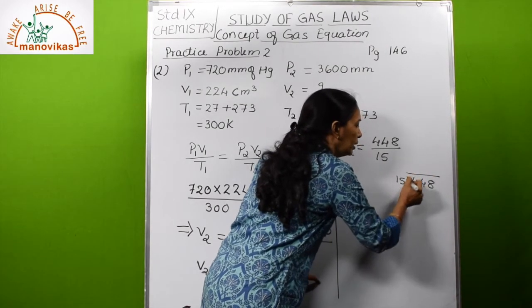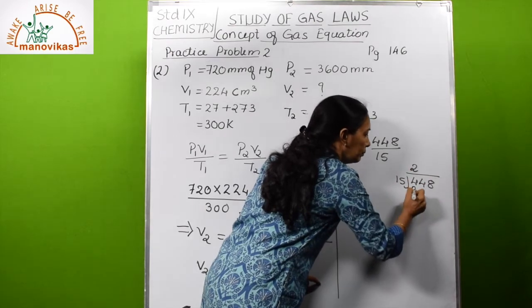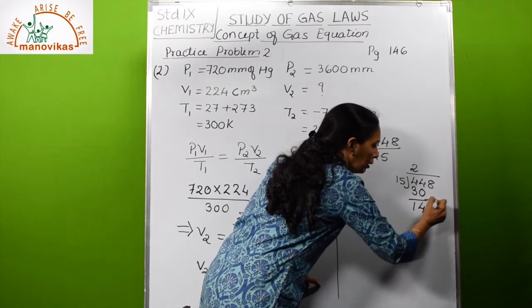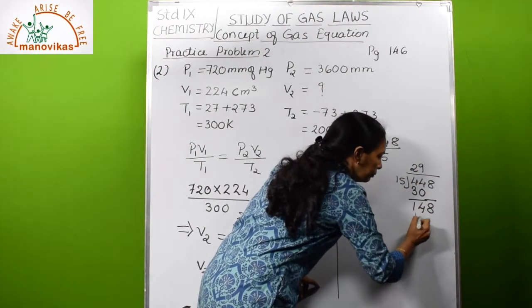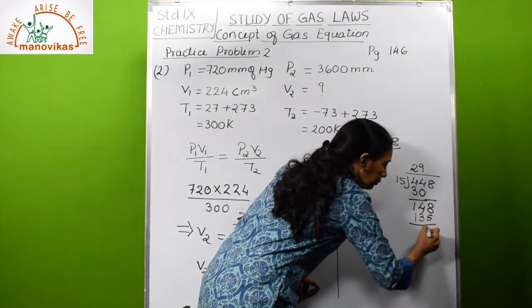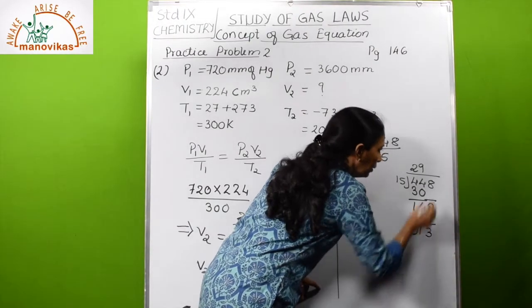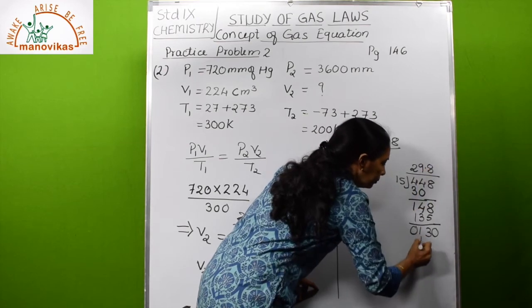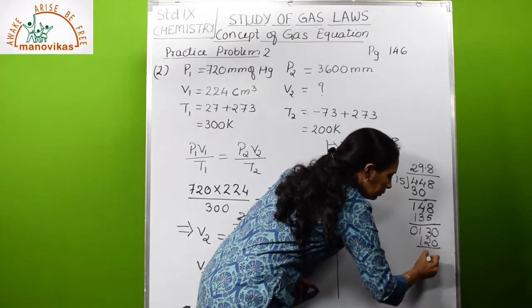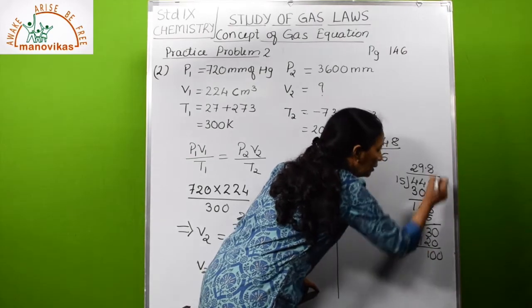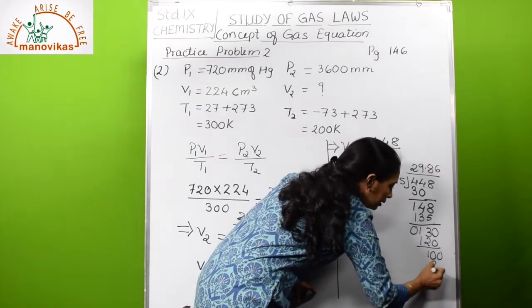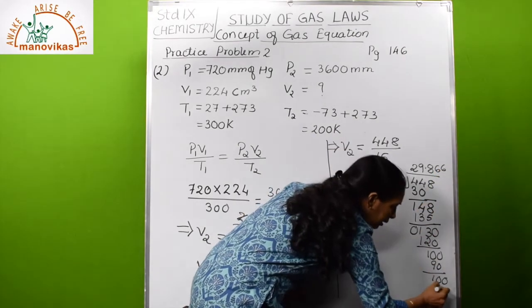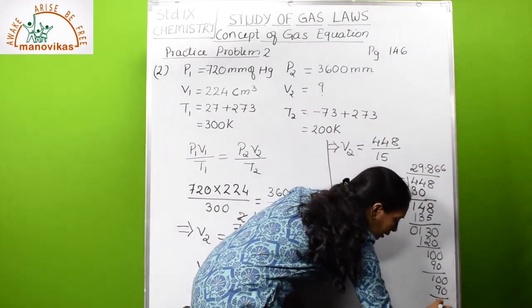Then 15 twos are, 9s are, 8s are 120. Then 6 are 90. Then again 6 are 90. So this will be recurring.